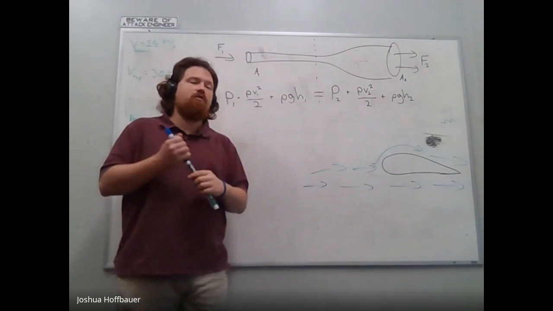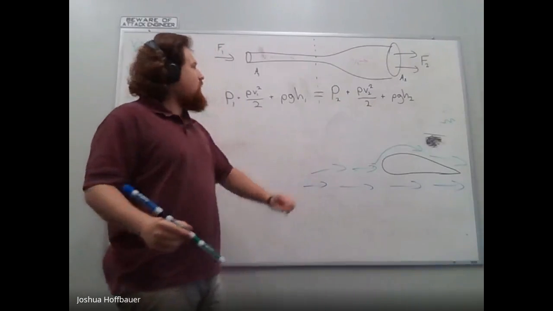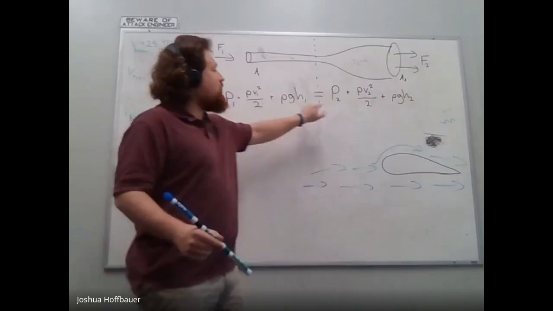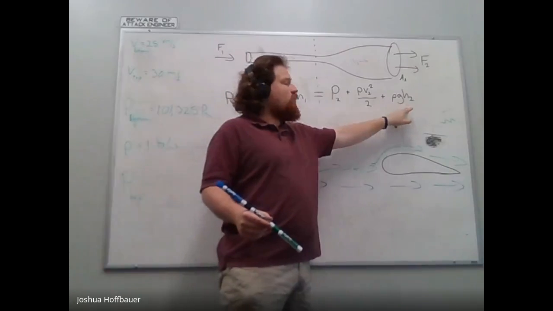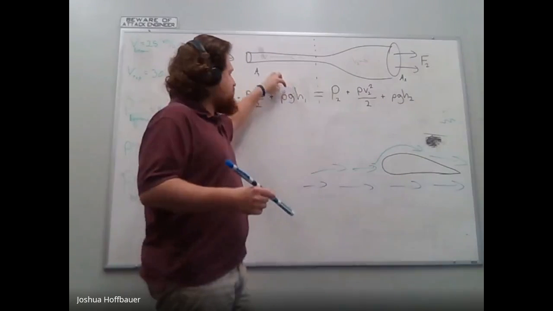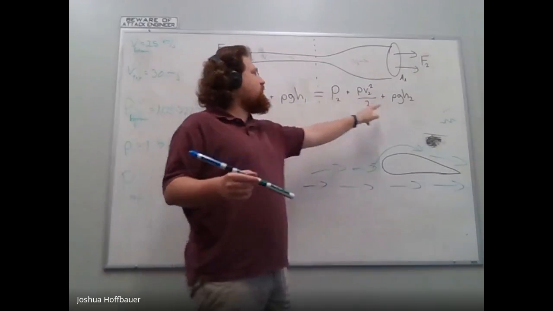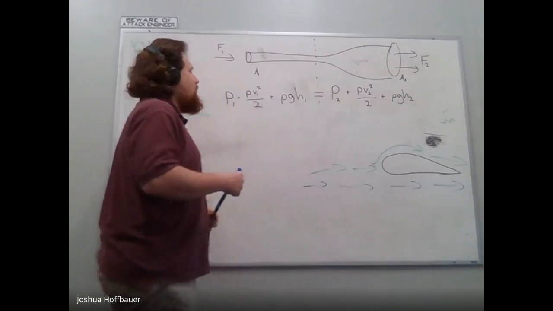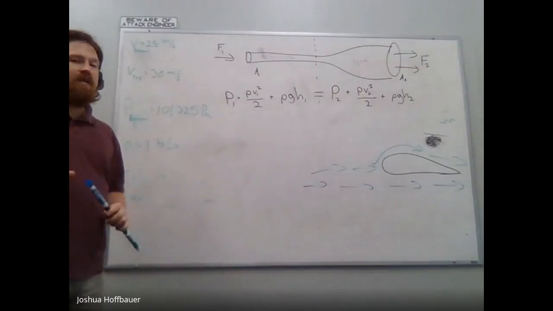So regardless of top wing or bottom wing, it is going to be functionally the same, which means that these two terms on either side, the ρgh terms, will be the same, because it's the same air density on both sides, the same 9.8 on both sides, and we're assuming that the height of the air above the wing will remain the same from beginning to end.